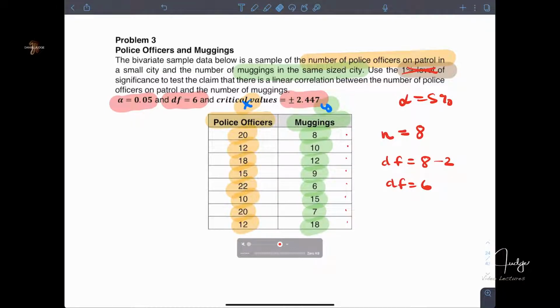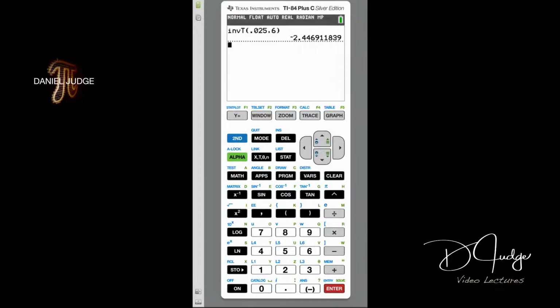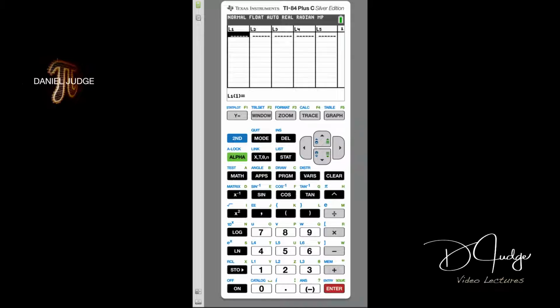So we're going to have to enter this bivariate data into our calculator. All right, so let's see if we can do that here. If you guys remember, you go to Stat, Edit. Now, L1 is available. We're going to put all our X values there, and L2 is going to have all our Y values.